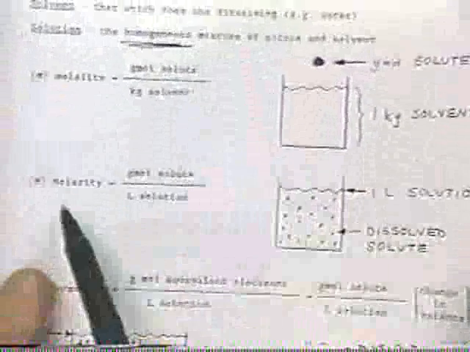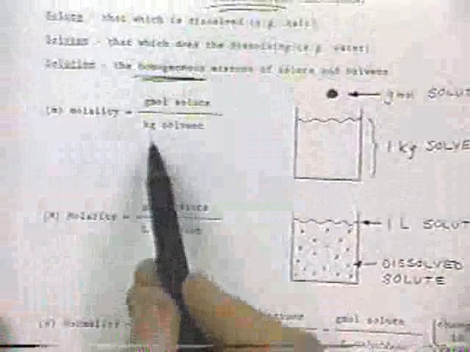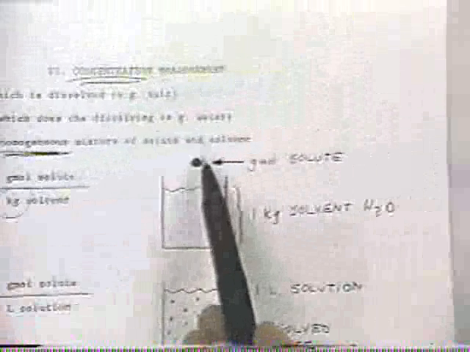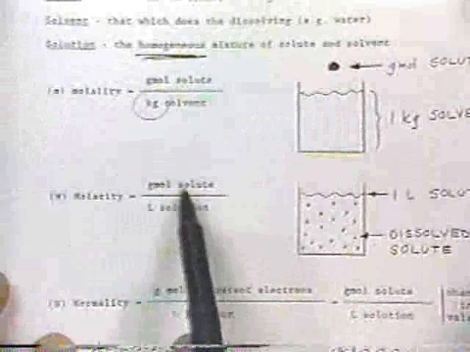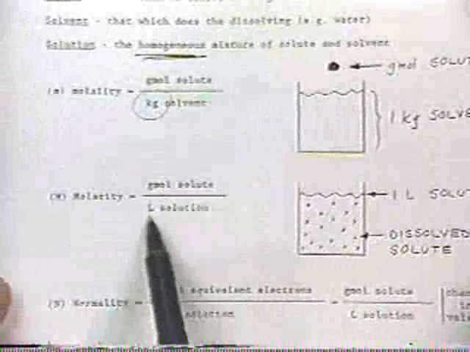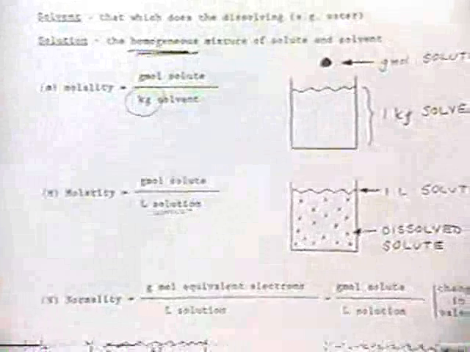So you can think of the molality as you haven't mixed it yet, but the molarity is you have already mixed it. And notice also that molality has a weight basis. It's really a ratio of the moles of solute to the mass of solvent. And here we have how many gram moles of sugar or salt are dissolved in a volume of solution.